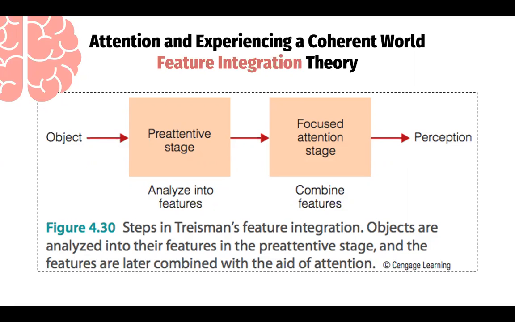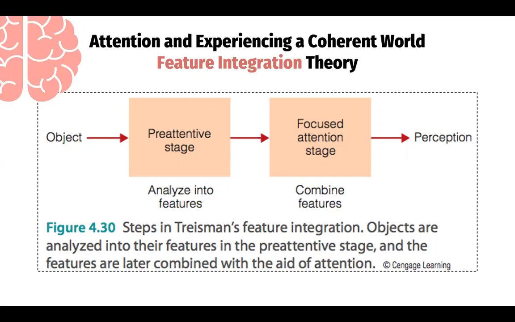Cells sensitive to the ball's shape fire in your temporal cortex, cells that are sensitive to movement fire in areas specialized for movement, and so on. Your experience is actually an integrated perception of a ball, with all of the ball's features being bound together to create the coherent perception of a rolling red ball.